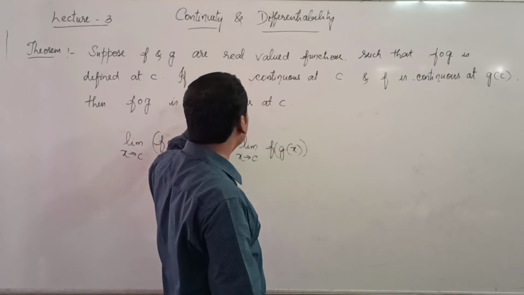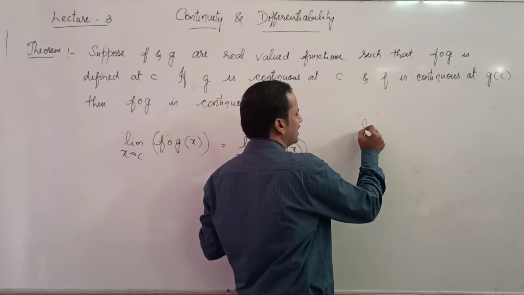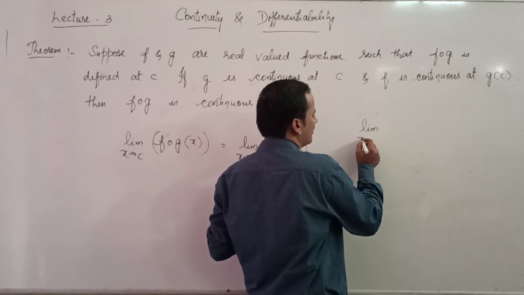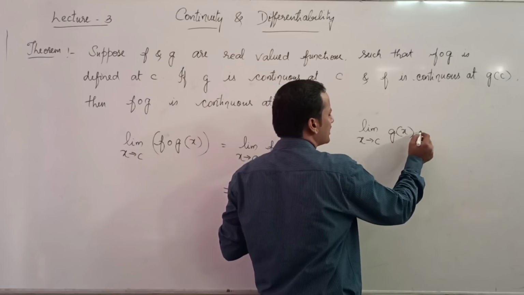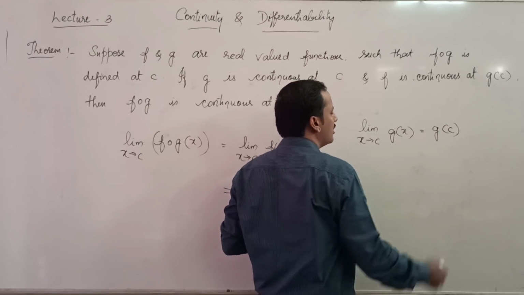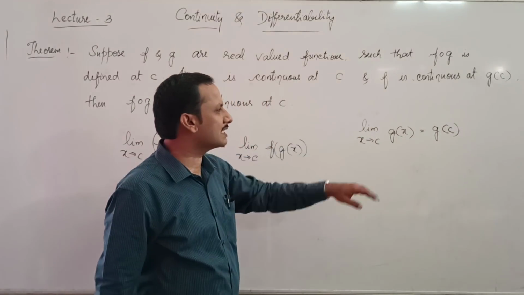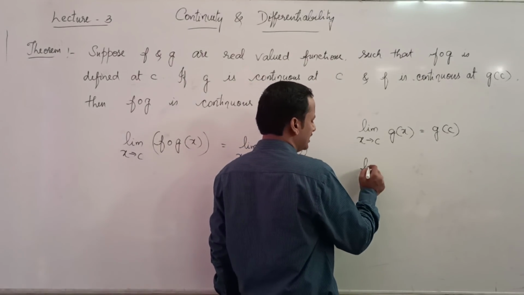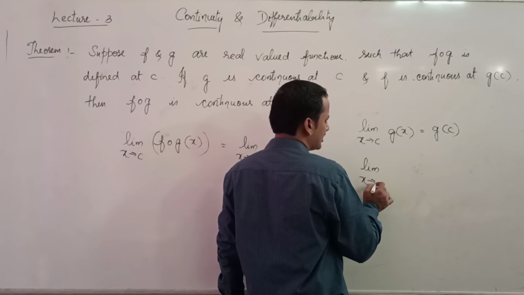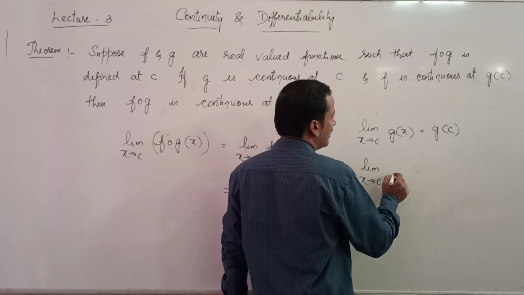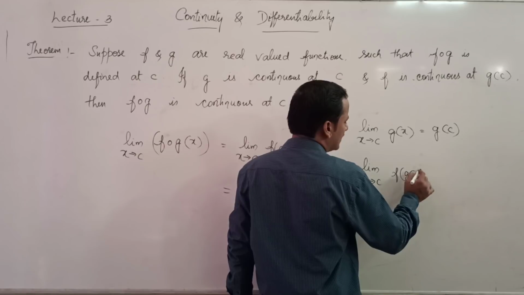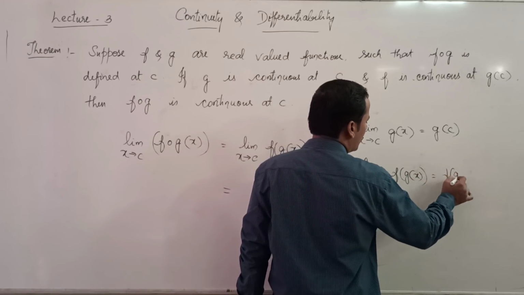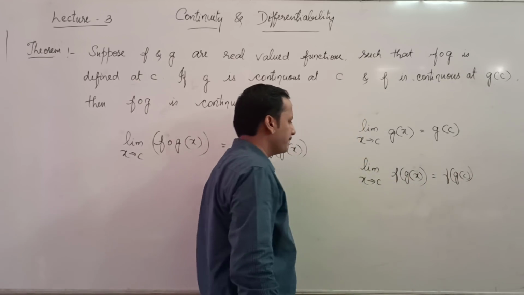Already it is given that g is continuous at c, which means limit x tends to c of g of x is equal to g of c. Then f is continuous at g of c, which means limit of f of g of x is equal to f of g of c.